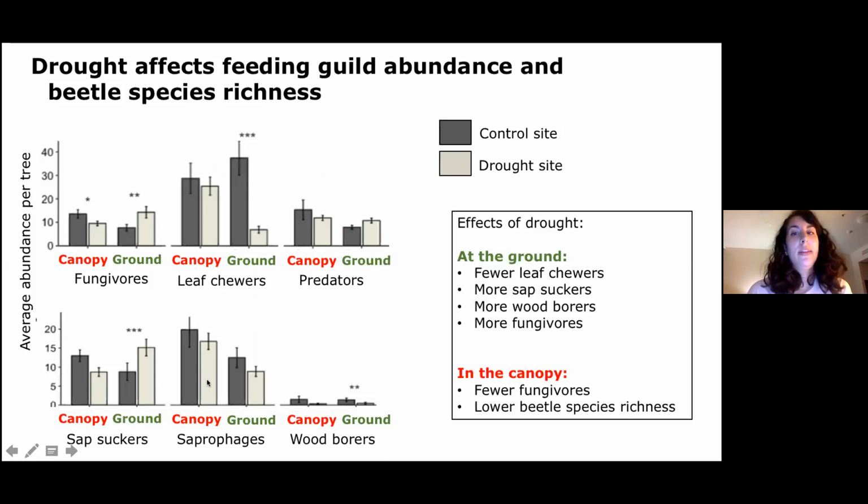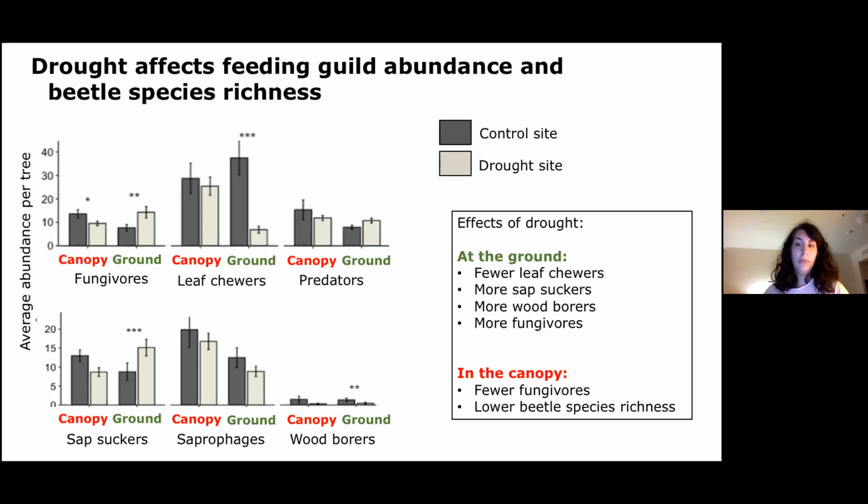All right, and so in terms of the results that we found, as expected, drought was affecting insect abundance differently depending on feeding guild. One very interesting thing that I found was that most of the effect of drought was happening at the ground level, on the seedlings.